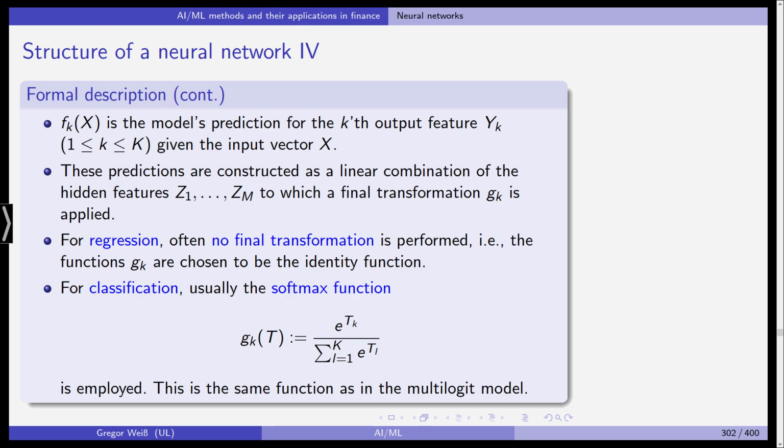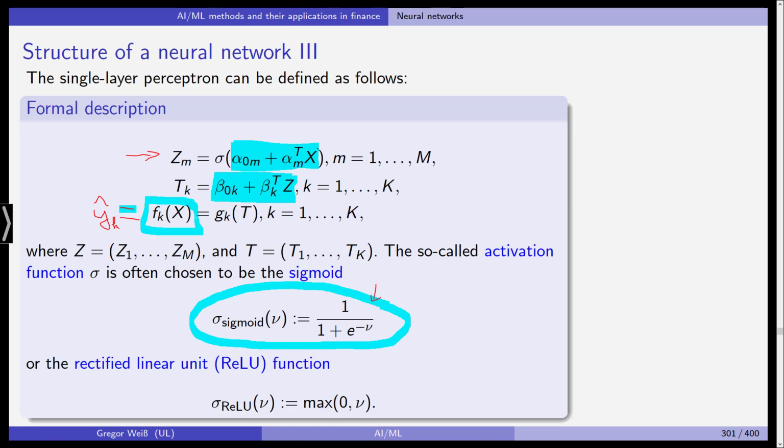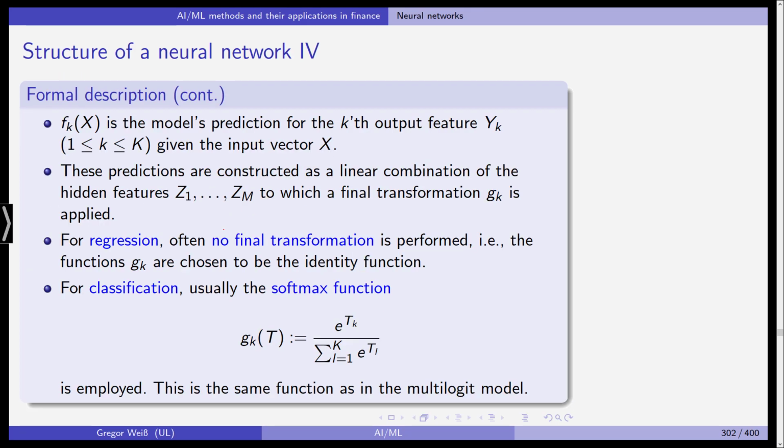In regression analyses, usually one does not use this final transformation, so gk is just the identity function. So basically our prediction is tk, and we don't apply any function gk to it. But in classification, one usually uses the softmax function, and this is actually the same as in the multi-logit model you might have seen in regression analysis.